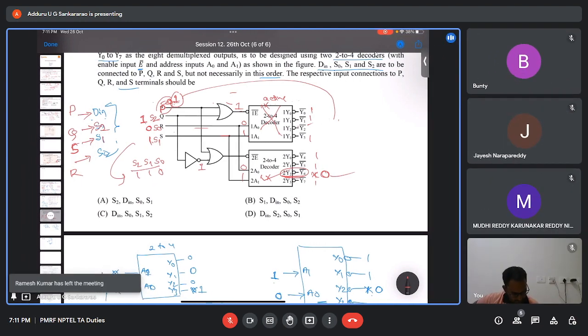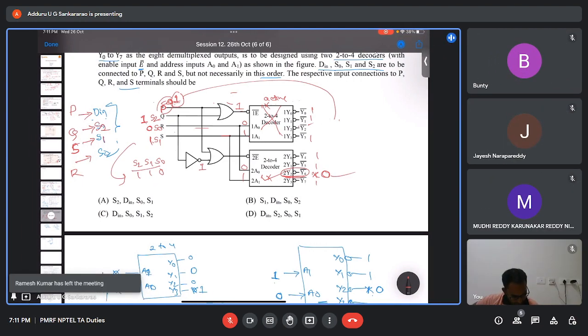So from this you can say P is D in, Q is S2, R is S naught and S is S1. So option D, this is the answer.